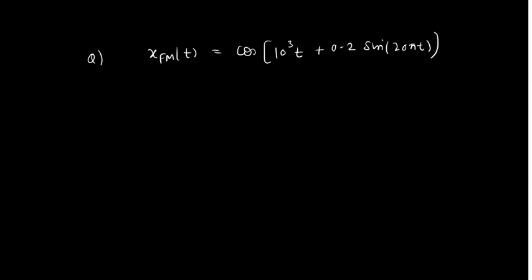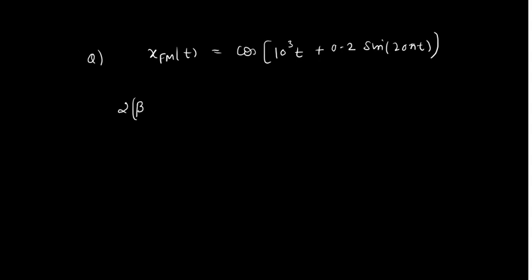So the next question is, if your FM signal is given as cos(... 3t plus y(t)), what is the bandwidth of this frequency modulated signal?